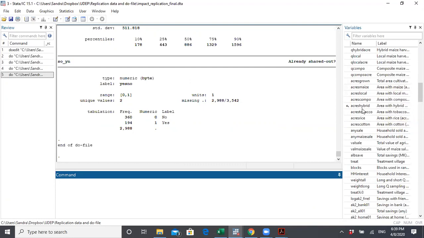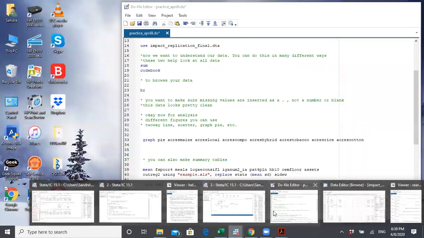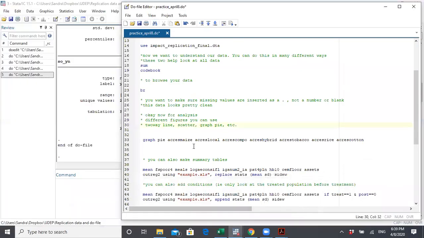All of these are different possibilities of land use for the farmer. So maybe we want to know what is the most common type of crop to grow. Then we can show that as a pie graph. So I just wrote graph pie, and then all your variables that you want to compare. And I'll just run that.